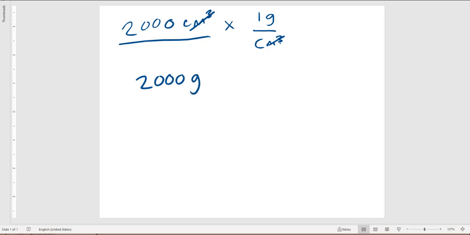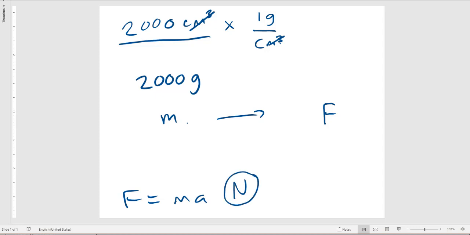Now we need to get from mass, which is what we have here, to force. How do we do that? Well, force equals ma. And generally we get force in units of newtons as the answer choices are given. And the a, the acceleration, remember, is that gravitational acceleration. All right, so I need to get this in units of kilograms, not grams.